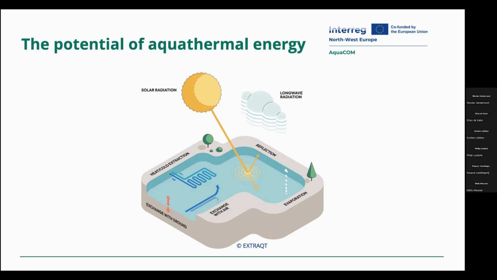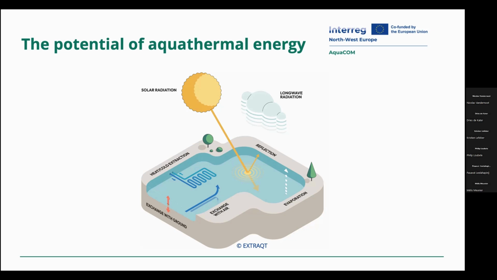But also from the ground, we can have an amount of energy which enters the water, and the air on top of that can sometimes also influence this. So there are a lot of inputs and outputs for the amount of energy which is stored. But of course, the property of water itself is that it can store a huge amount of energy in a small amount of water. And so that's very interesting.